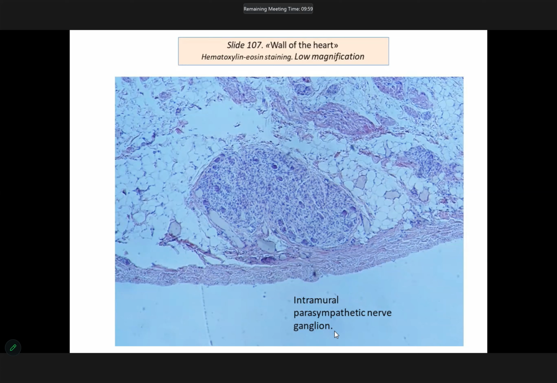Ganglion means the collection of cell bodies of neurons. These violet rounded structures are neurons. These blue dots are cell nuclei of glial cells, as you remember them, supporting cells in nervous tissues, and also cell nuclei of cells in loose connective tissue.